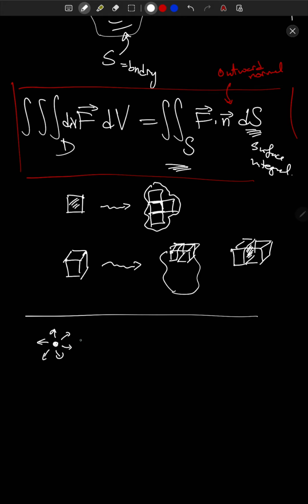So what does that mean for a point nearby, right? If this one is coming out, then at this point, this arrow has to be pointing inwards. Okay, so when you calculate in a way, again, this is very intuitive and not careful mathematics. When you're calculating the divergence of this original point on the left, you're adding up this arrow plus that arrow plus that arrow, and so on, right?